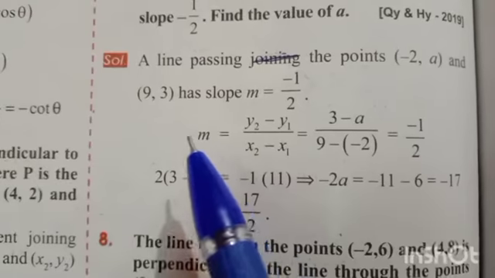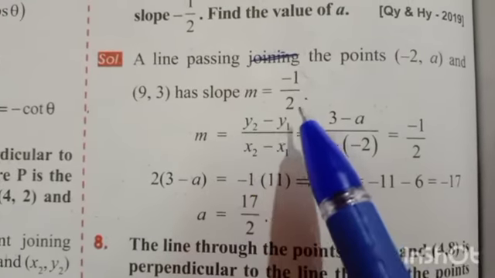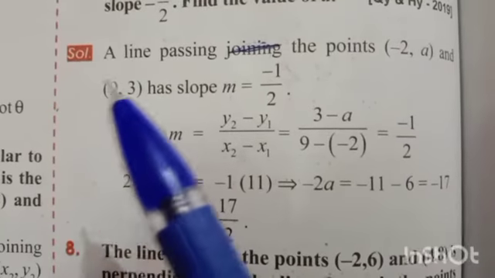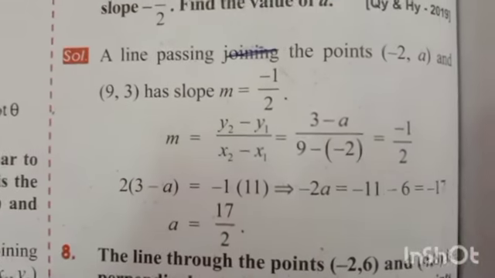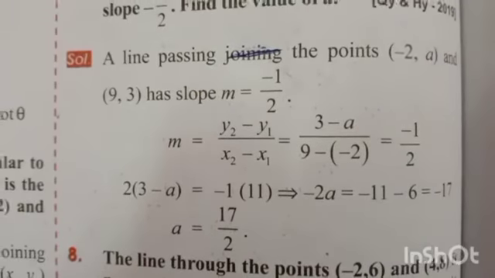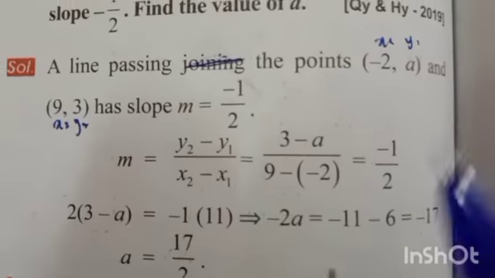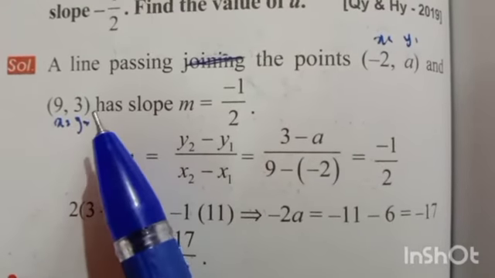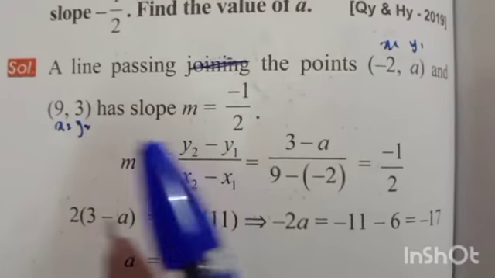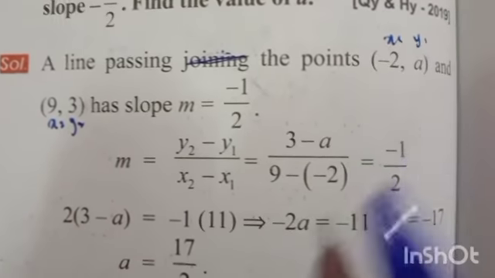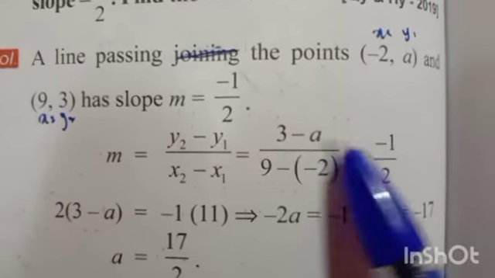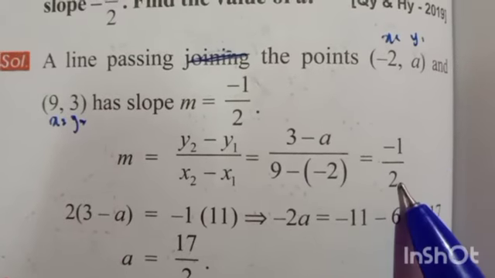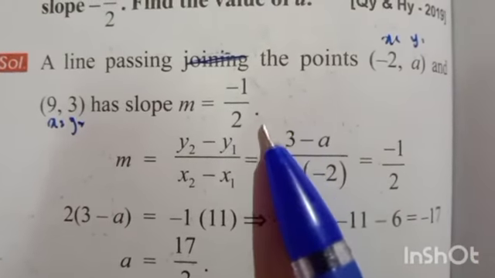Write the slope formula. Slope is denoted by m. y2 minus y1 by x2 minus x1. The points, it is x1, y1, it is x2, y2. So y2 minus y1, that is 3 minus a by 9 minus of minus 2 is equal to minus 1 by 2, because slope is given minus 1 by 2.